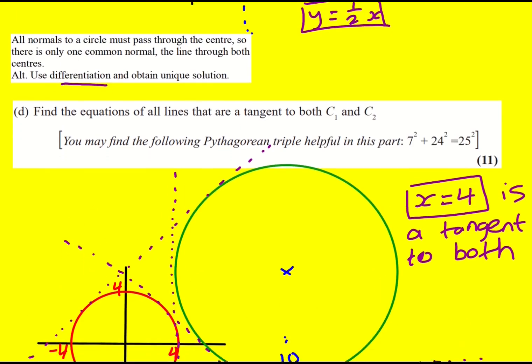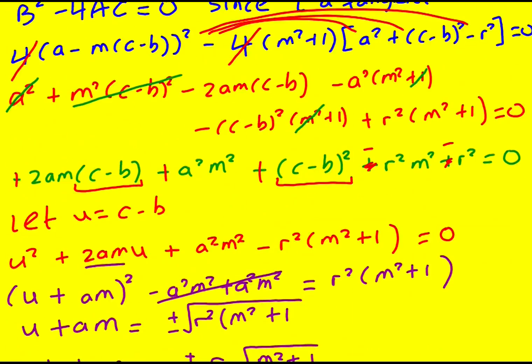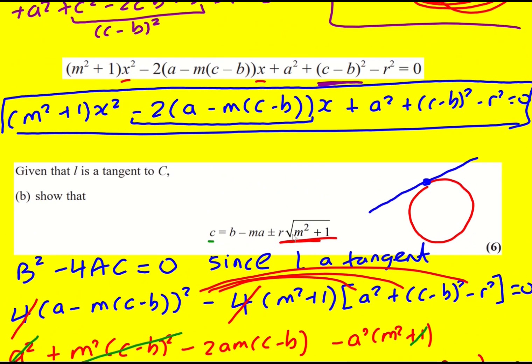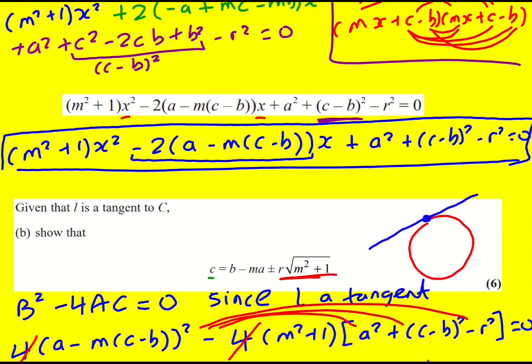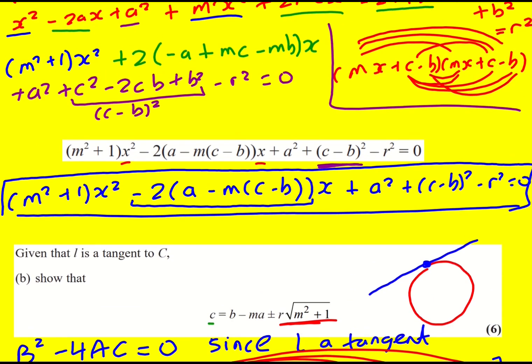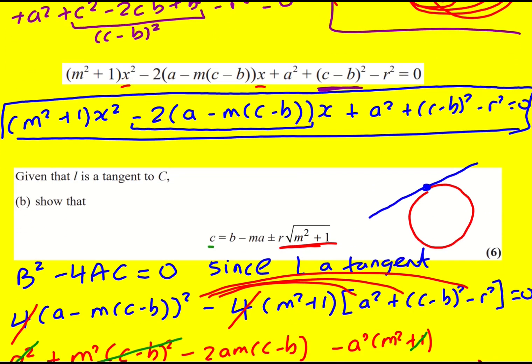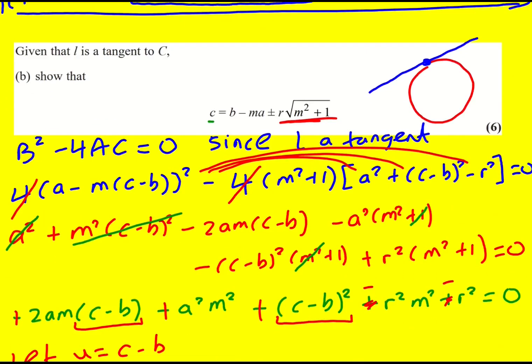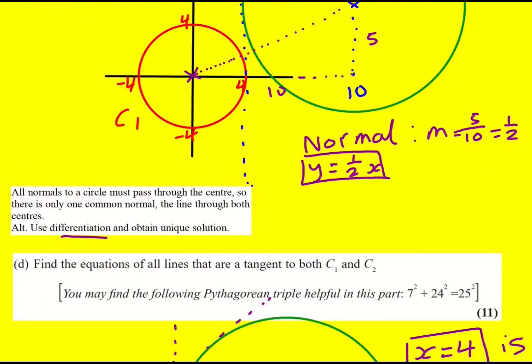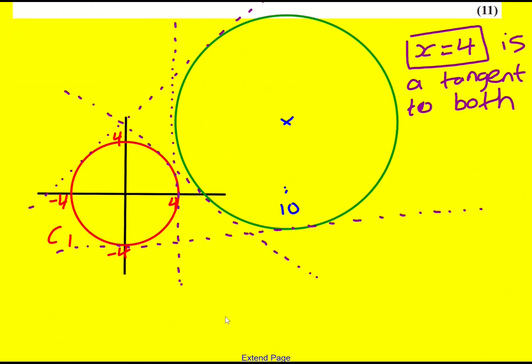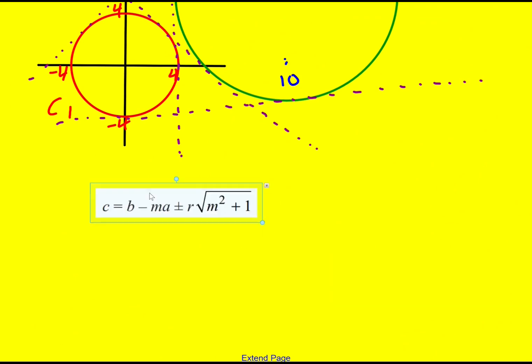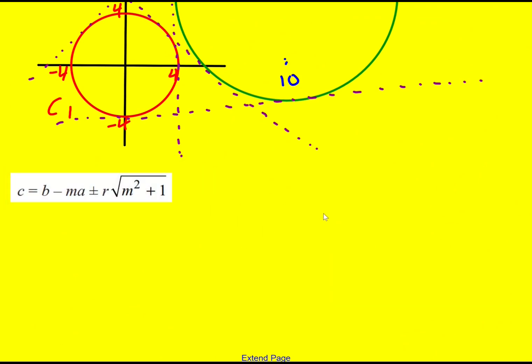Now, do not try and do this from scratch. Remember, part B, all the way up here, we found a relationship between c, b, m, a, and r. And don't forget, a and b were to do with the center of the circle, and r was the radius. So we can put them in the 2 circles that we have. A long time deriving that formula.